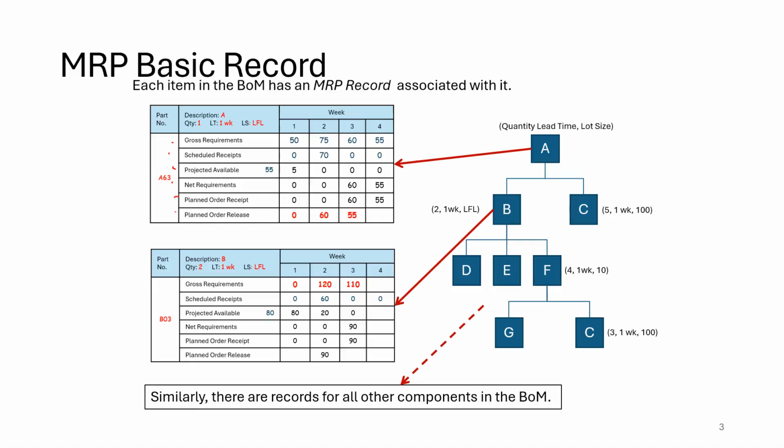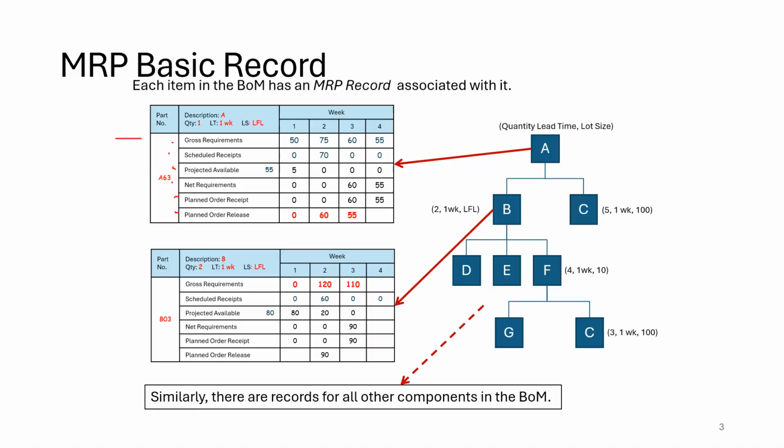We will learn more about what each of these terms within the MRP record mean and how it's calculated. But for a general overview, the gross requirement acts like the demand, or what is required of each component on a week by week basis, and the planned order release is like an output, which is the amount of products that's ordered each week to satisfy the gross requirement.